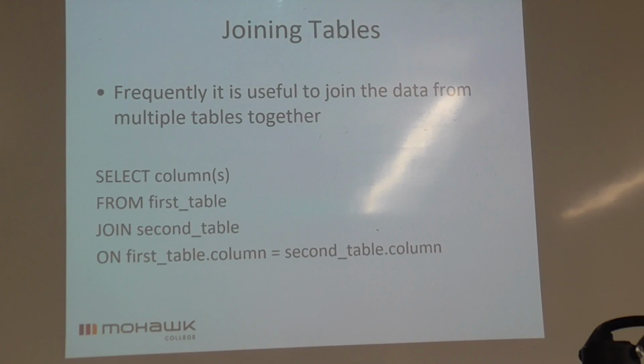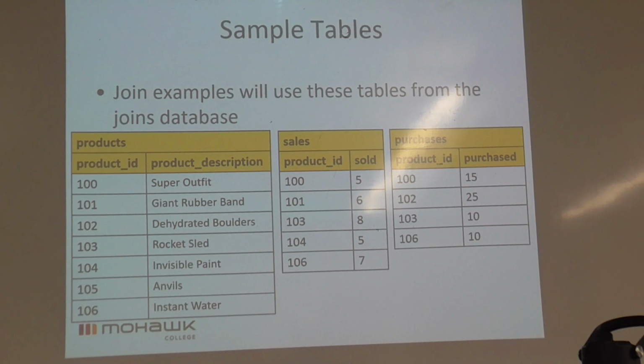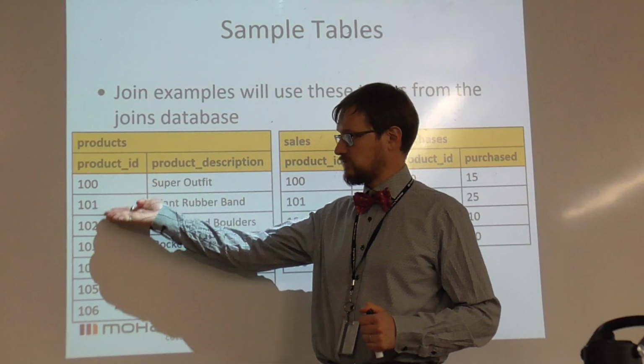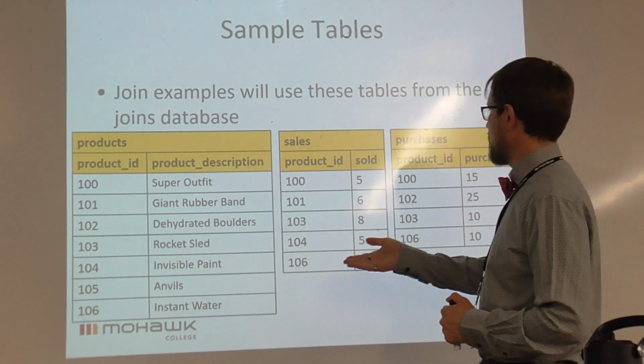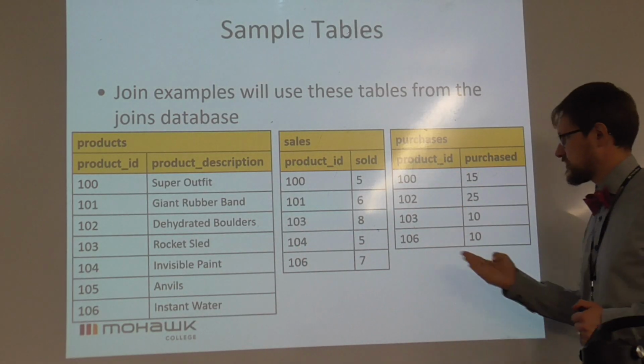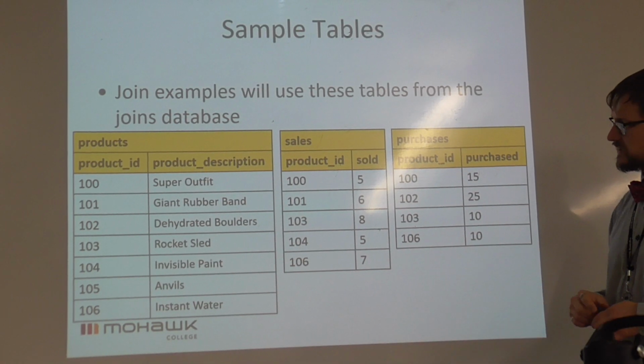So, frequently, it is useful to join the data from multiple tables together. Another way you could think of joining, cross-referencing. Let's say, for example, I have a table full of products. Each of those products has a product ID. Perhaps I have sales of said products and I have purchases of said products.